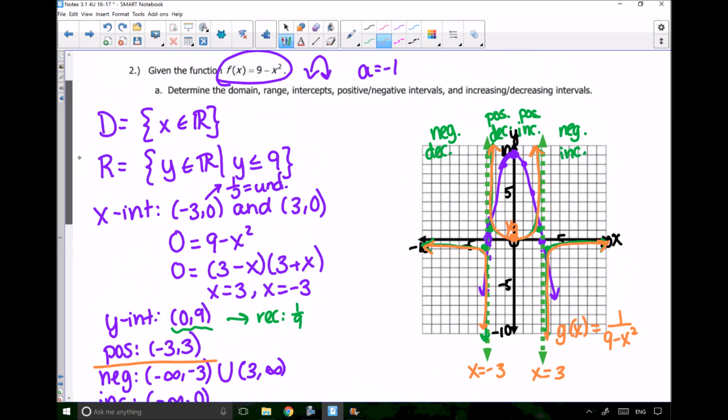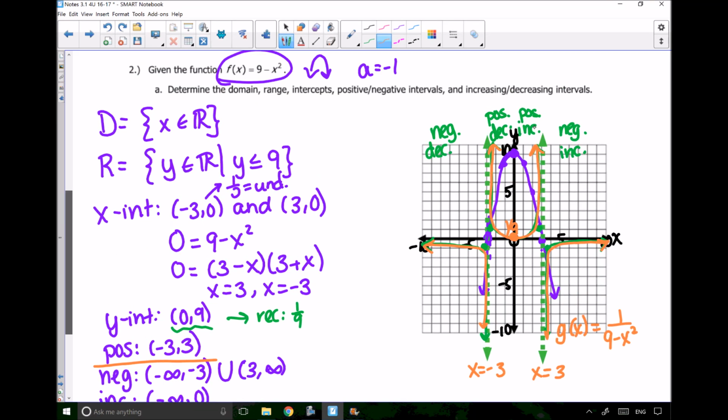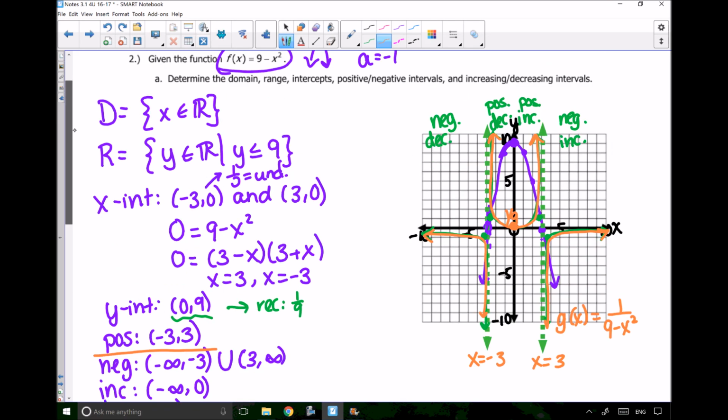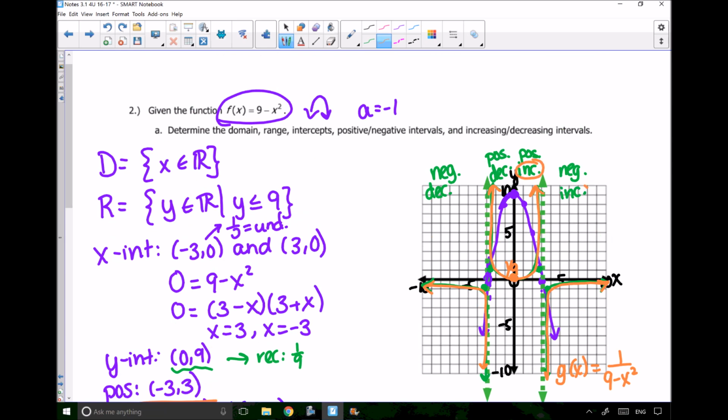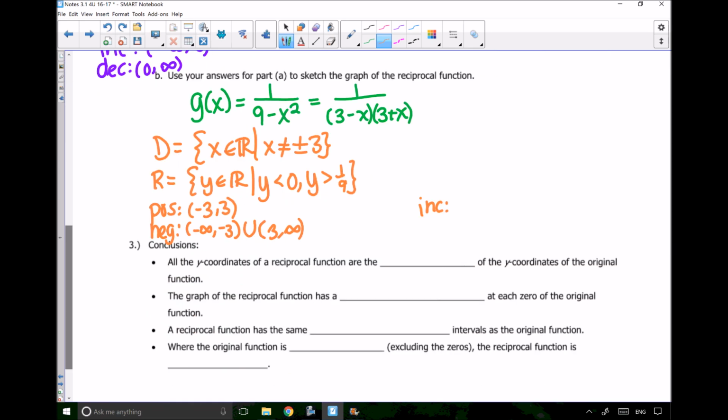Well, my graph is increasing in this section as well as this section, but we can't include 3 because nothing's happening at 3. So we're going to say it's increasing from 0 to 3, and it's also increasing from 3 to infinity, not including 3. So we would say it's increasing from 0 to 3 and from 3 to infinity.